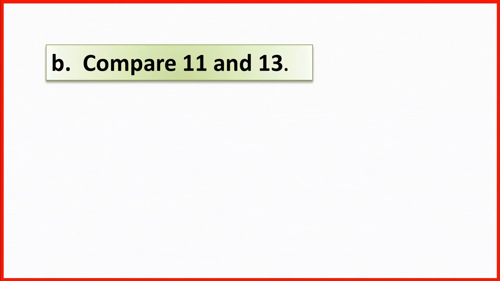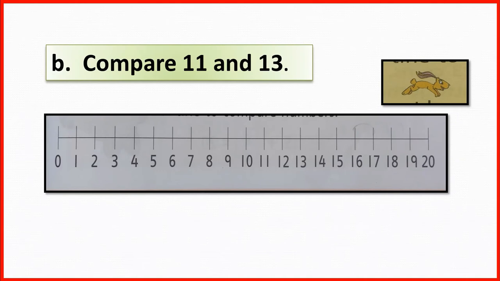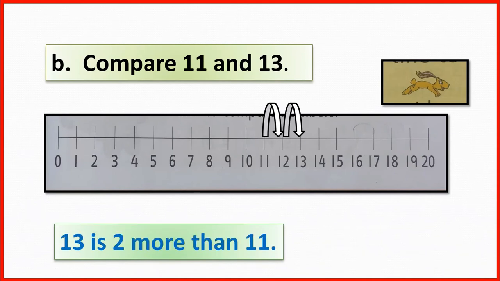The next is compare 11 and 13. In this, Bobo jumps on the number line again to reach 13. 1, 2. Look, Bobo has jumped 2 times to reach 13. Therefore, we say 13 is 2 more than 11.